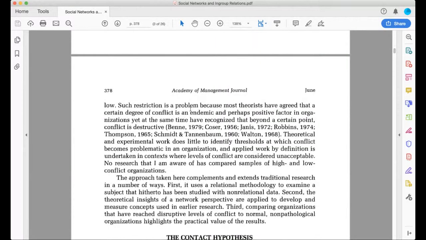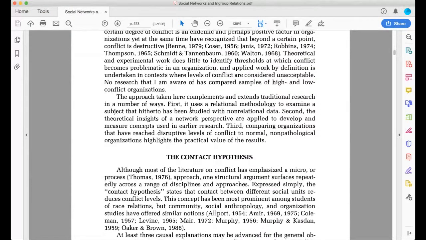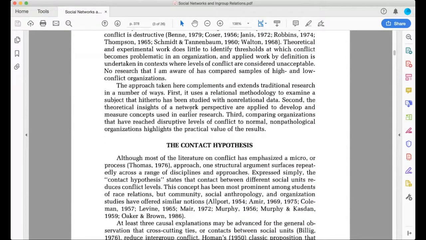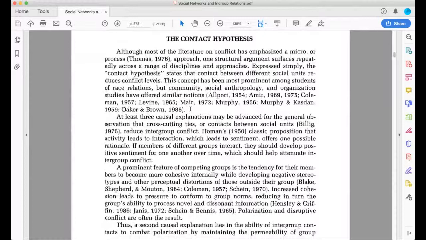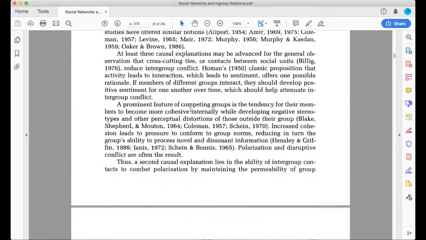The approach taken here complements and extends traditional research in a number of ways. Although the literature on conflict has emphasized micro or process approaches, one structural argument surfaces repeatedly in a range of disciplines. At least three causal explanations may advance the general observation that cross-cutting ties or contacts between humans and between social units reduce intergroup conflict.